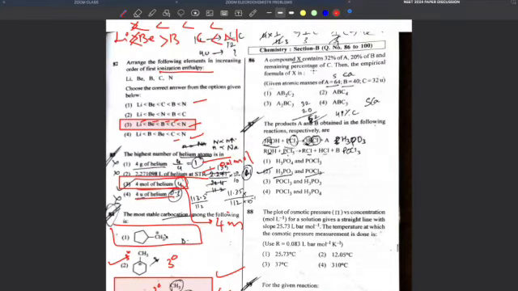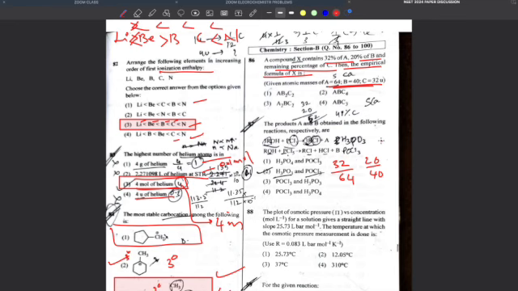Next one, we have come to Section B. Compound X contains 32% A, 20% B, and the remaining percentage C. Then the empirical formula of the compound is. The empirical formula can be calculated easily. Atomic masses are given here. So this is 32 by 64. Next one is 20% by 40.